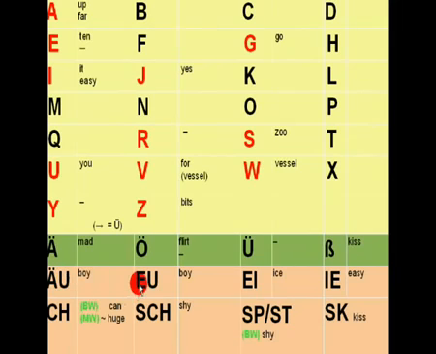You learned that this letter is pronounced like an E, and this letter is pronounced like an U. But it's not pronounced together like E-U, but together we also pronounce it like Oi in boy. Then there is this combination of E and I, but we don't pronounce it like E, but like I in ice. This letter combination we don't pronounce like I-E, but only like a long stretched E.